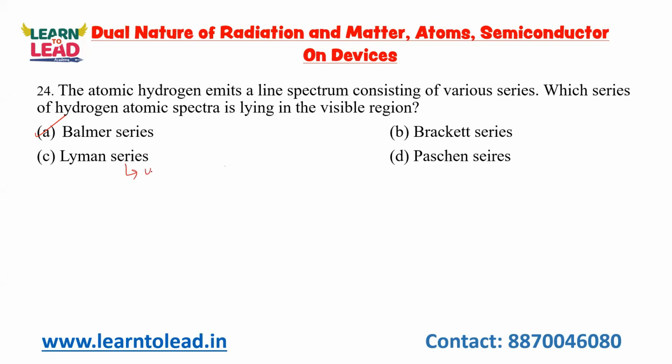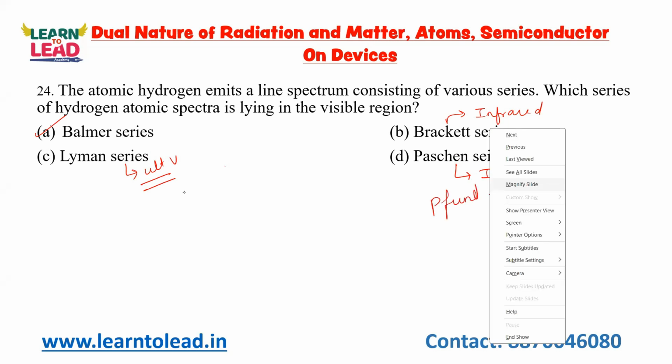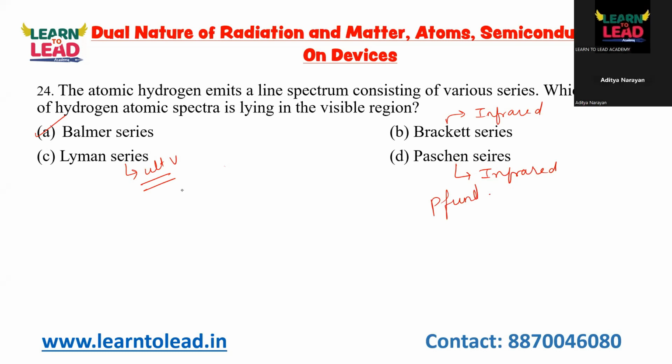Lyman series, note down, ultraviolet. Brackett series, infrared. Note down, Brackett series, Paschen and Pfund are all infrared. Lyman series, ultraviolet. The Balmer series comes in the visible region. Do you understand?